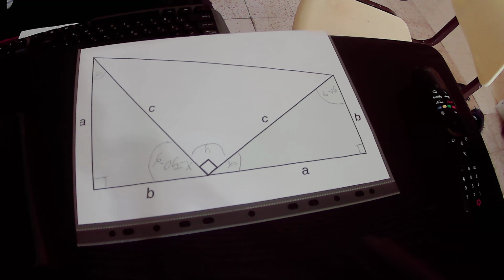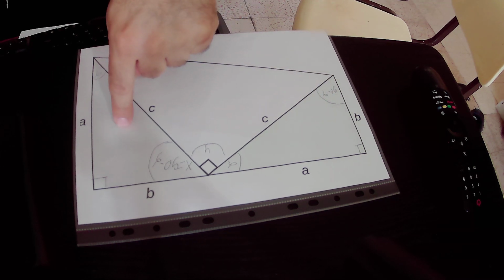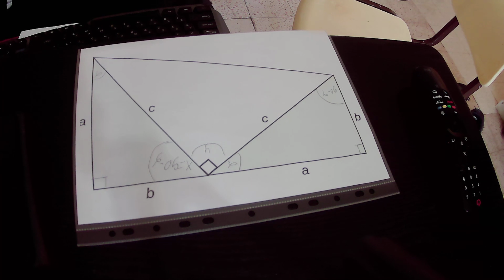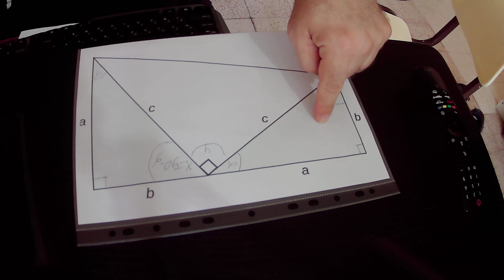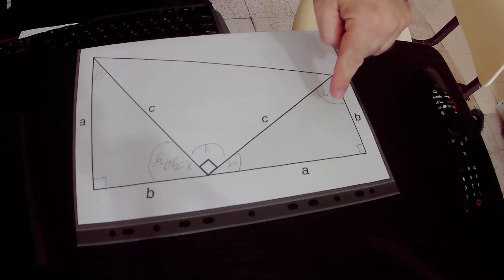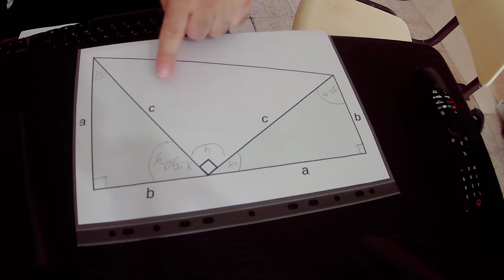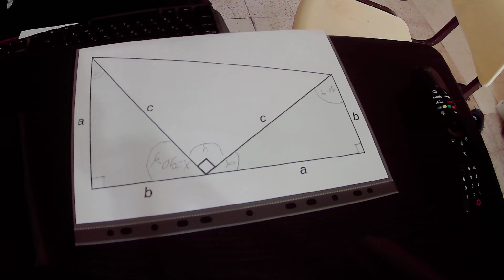On the other hand, the area of the trapeze is equal to the sum of three triangles. This triangle plus this triangle plus this triangle, yes? And the area of this triangle is A times B divided by 2. The area of this triangle is C times C divided by 2.